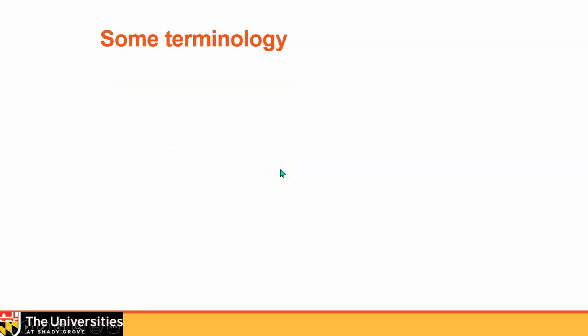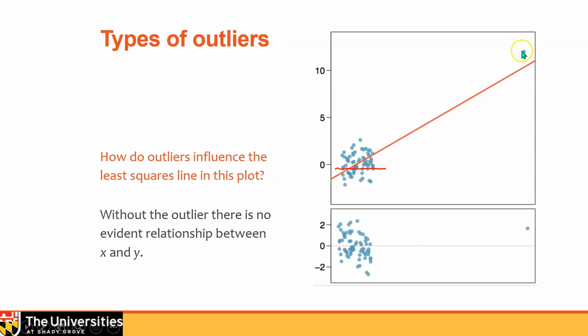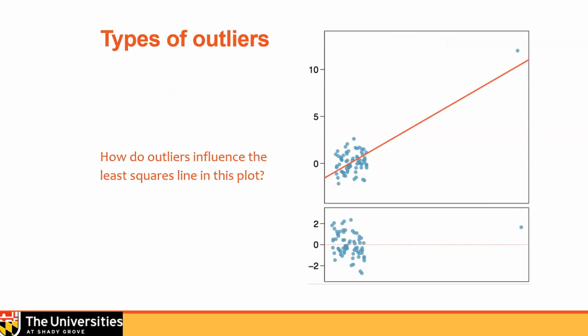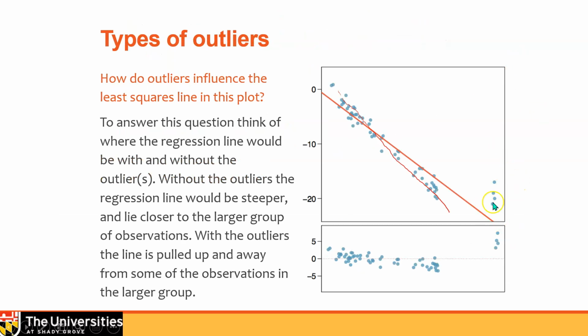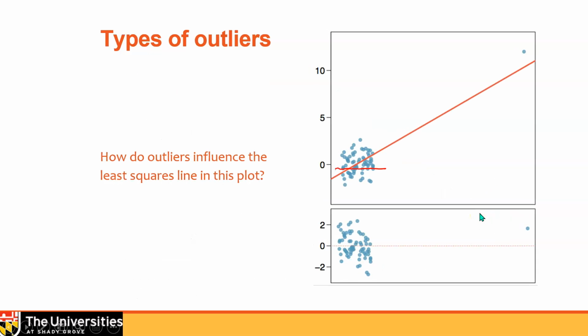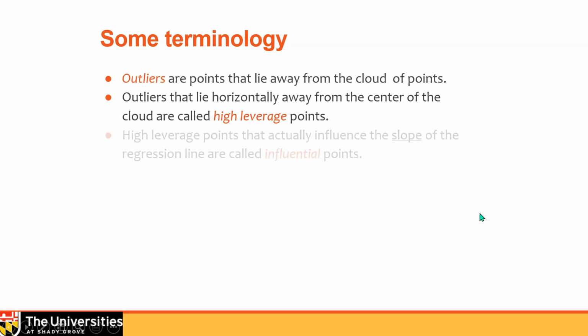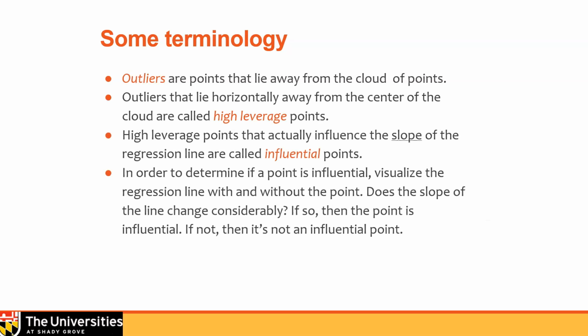So previously, it's way away, it's a high leverage point, and it's influential as well. Here are some things that are high leverage, away from the mass of the data. They're somewhat influential, but not as influential as we saw in the other data.